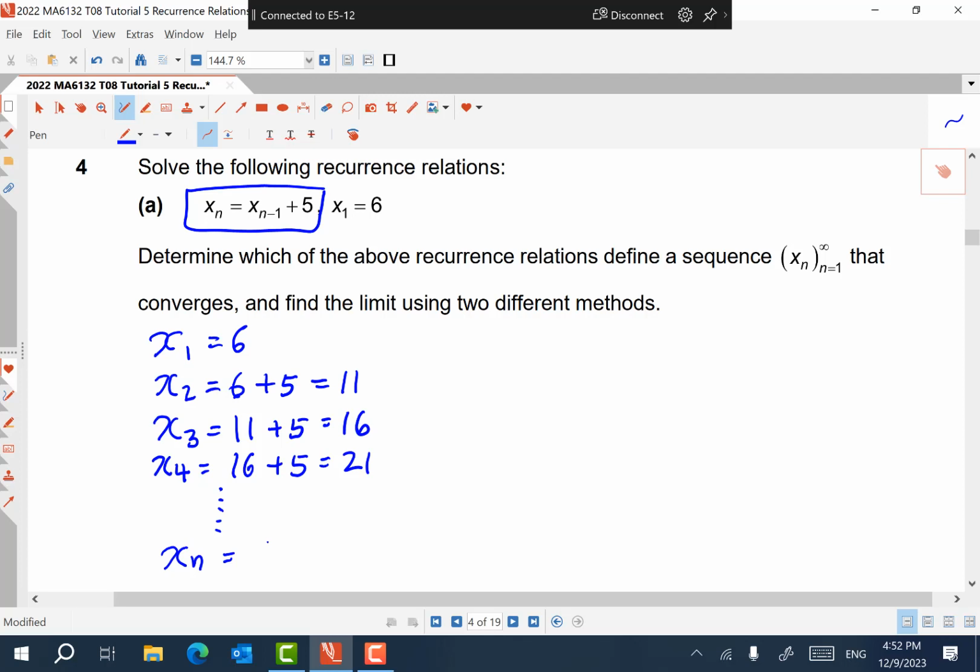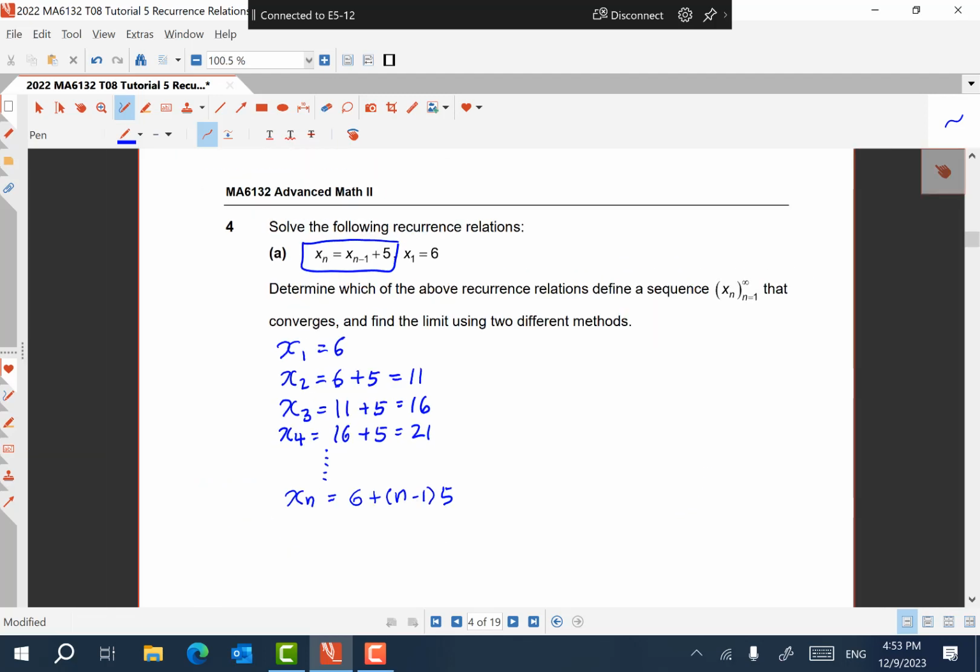And because you have learned something previously in your lower years, you have recognized that the recurrence relation generated for me a very nice number sequence, which we call what? What's the name of the number sequence? The name of this number sequence is called an arithmetic progression. So apparently, this recurrence relation in 4a generates for you an arithmetic progression.